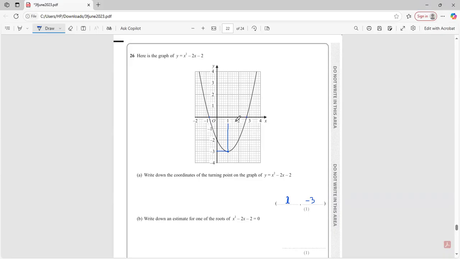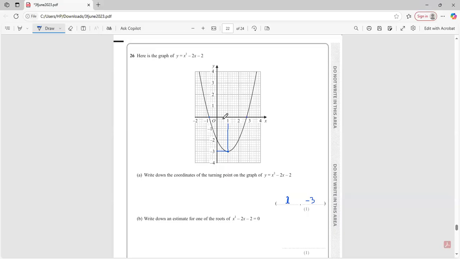For that one, let's interpret the scale. The scale looks like it's 1 cm to 1 unit, and 1 cm to 1 unit means each of those individual squares will be 0.2, because it's only 0.2 that you multiply by 5 to give you one whole number.